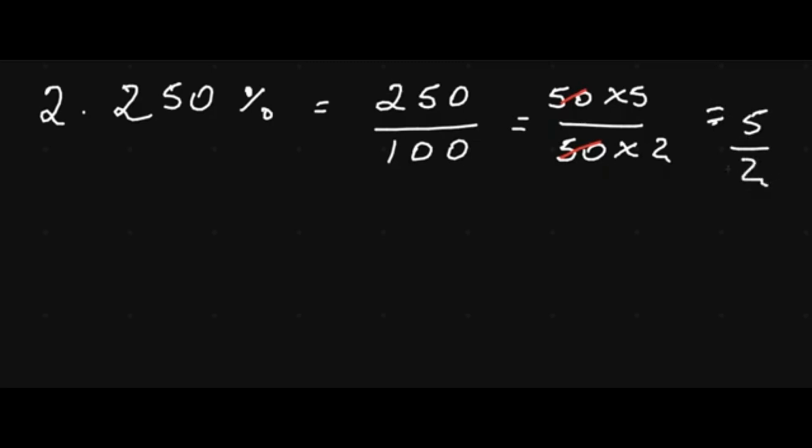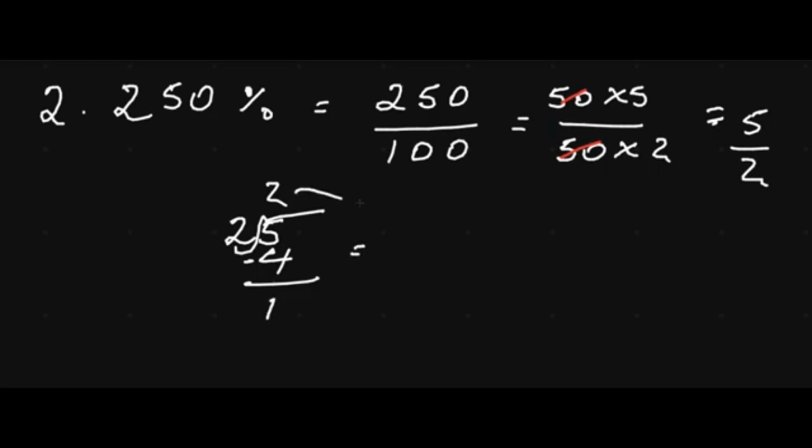Again, 5/2 is not a proper fraction. The numerator is greater than the denominator, so we can divide 5 by 2. It is 2 times 2 is 4. So 5 minus 4 is 1. 1 cannot be divided by 2.